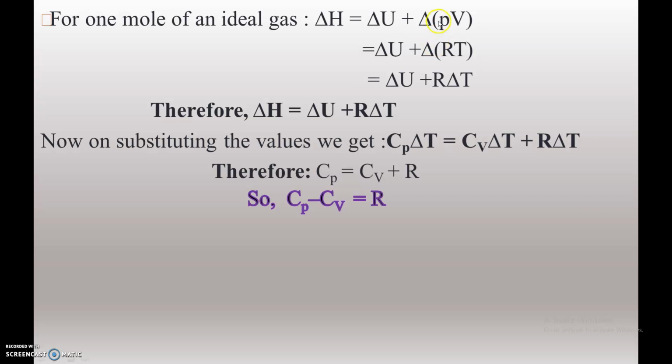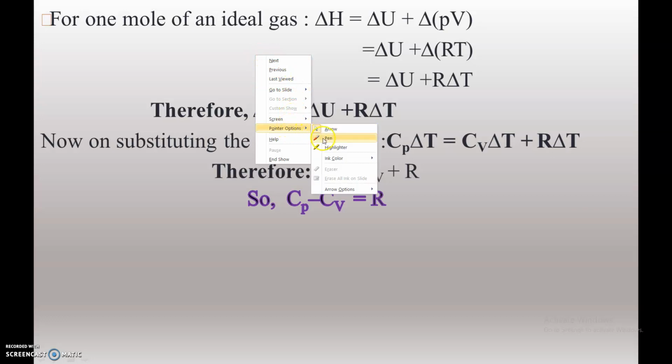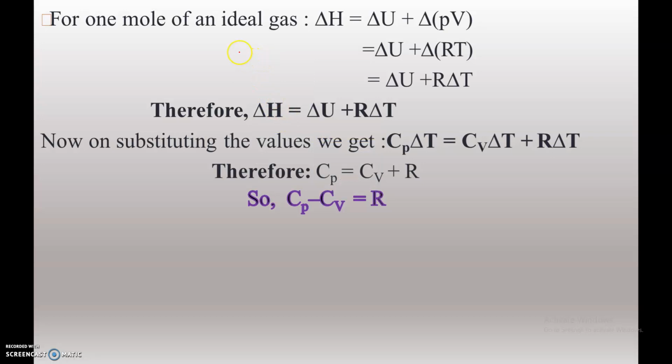For the ideal gas equation, PV is equal to nRT, that we have seen. Here we are using 1 mole, so n is the number of moles and instead of n we can put 1. So our equation is PV is equal to RT.